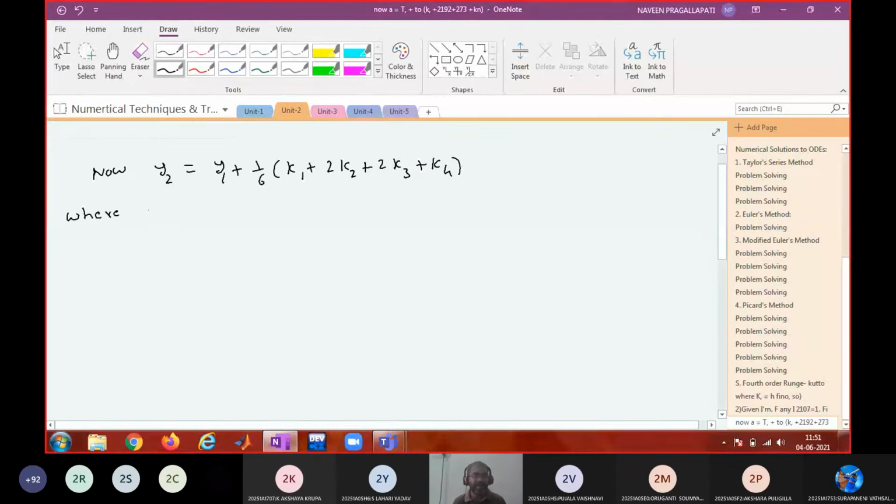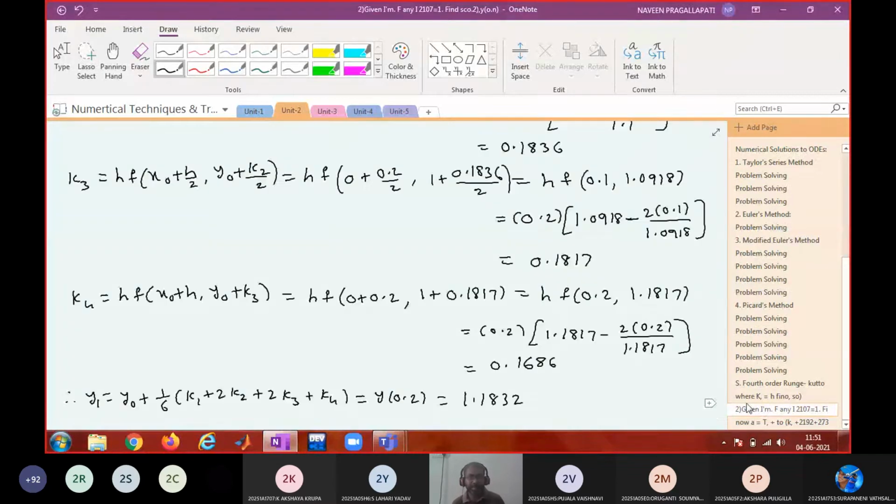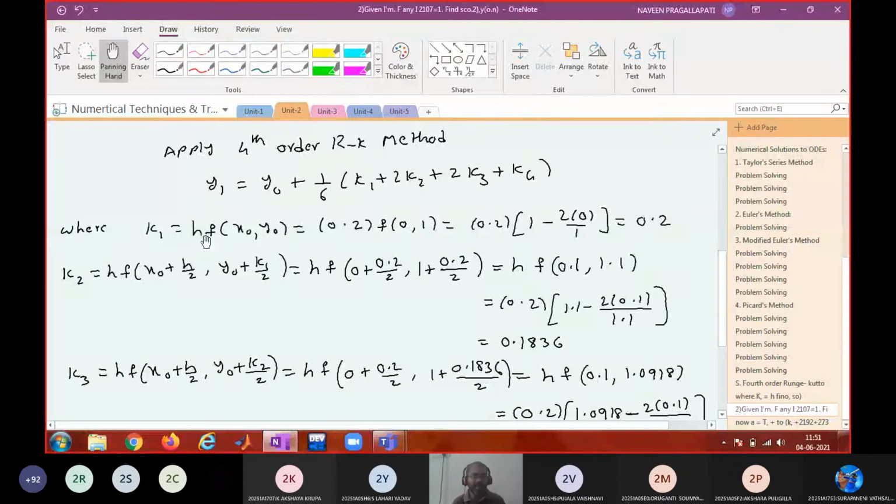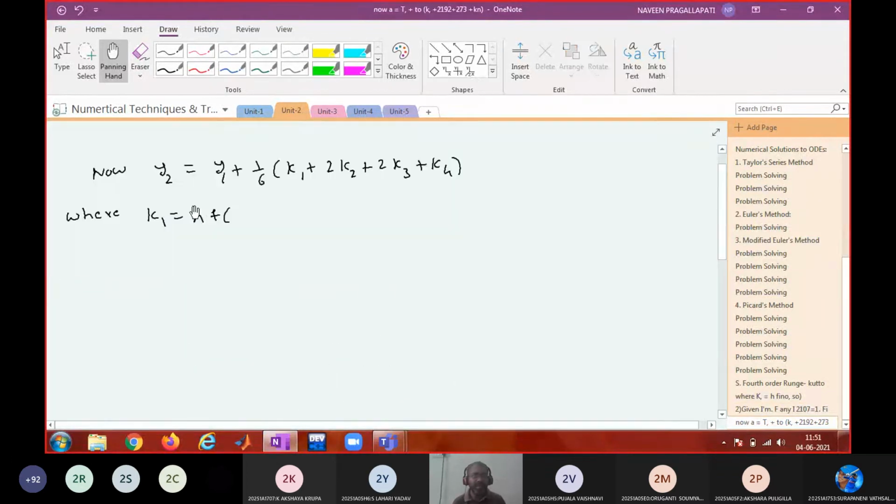Can you tell me the formula for k1? Change the index. Now it is going to be h into f of x1, y1, because we are finding the value of y2. That is the only thing you have to observe. The rest is the same.